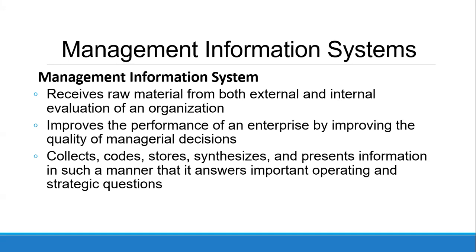So all the functional areas in an organization, in one way or the other, flourish in their decision-making by relying on the information that has been fed into the management information system.